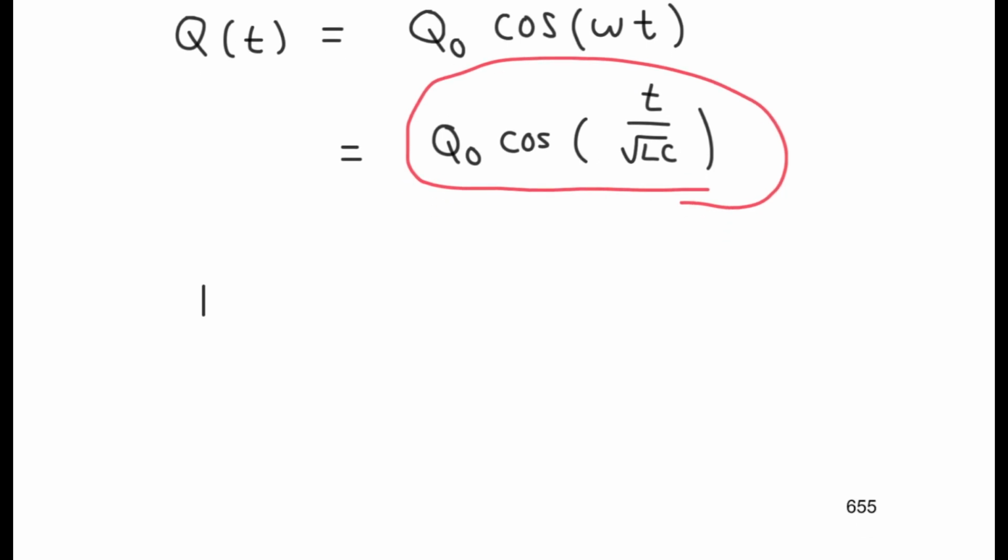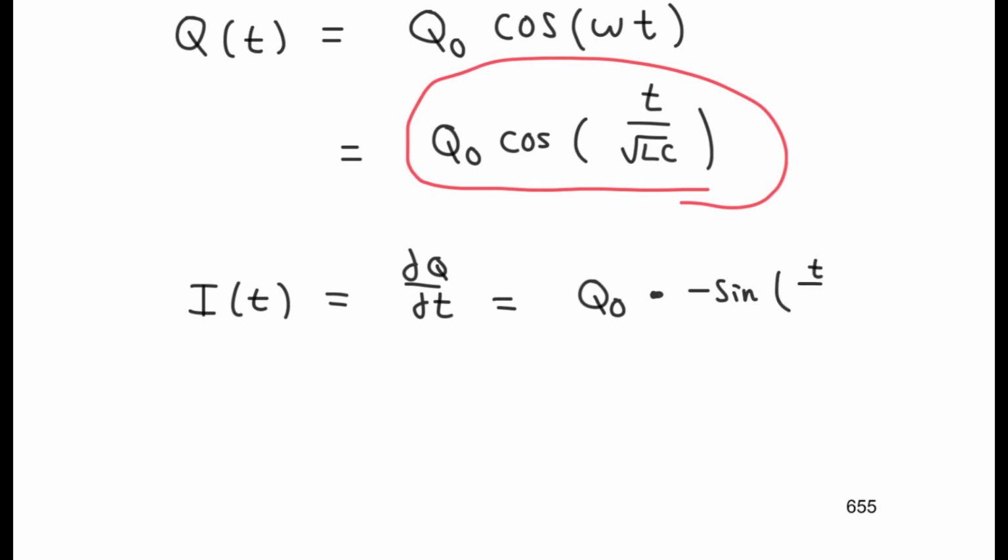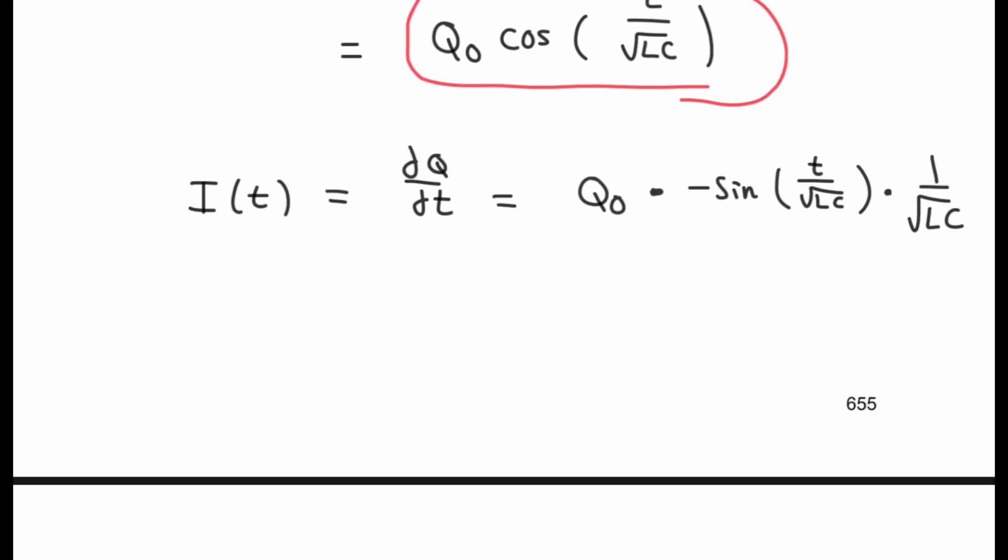And then for our current, I of t would just be dq dt. So we just need to apply the chain rule here. The Q0 isn't going to have an effect with the derivative. So Q0 times the derivative of cosine is negative sine. And then we have to multiply by the chain rule factor of 1 over square root LC.